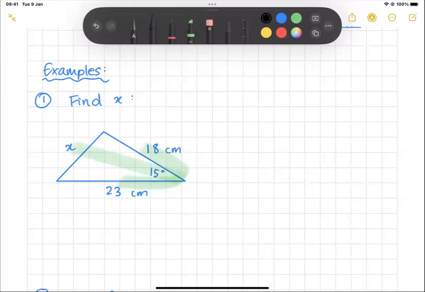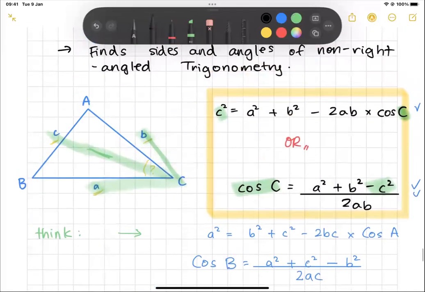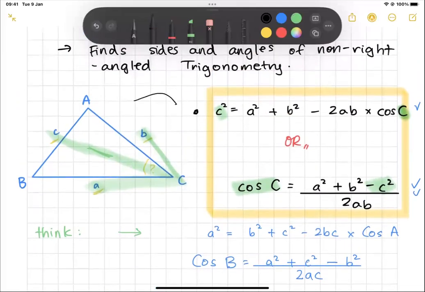See how here it's not a labeled triangle? Therefore, I can just use this formula. If they had already labeled that triangle, just like my triangle on the left, I would need to tweak it, depending on what I'm trying to find.